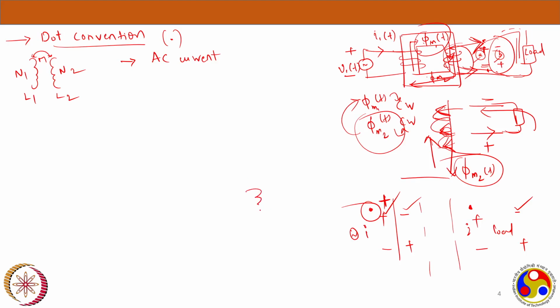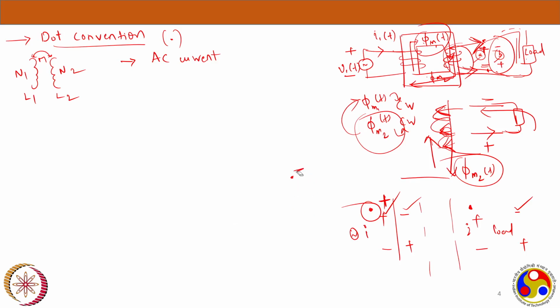Whenever you see two dots here, you can instantly say that if I know this is positive, I can blindly keep this also as positive, even if I don't know the voltage and current flowing through here. If I am sure that the primary side is positive at the dot, the secondary side at the dot should have the same polarity. If it's minus, then it is minus. So that's what the dot convention actually represents.